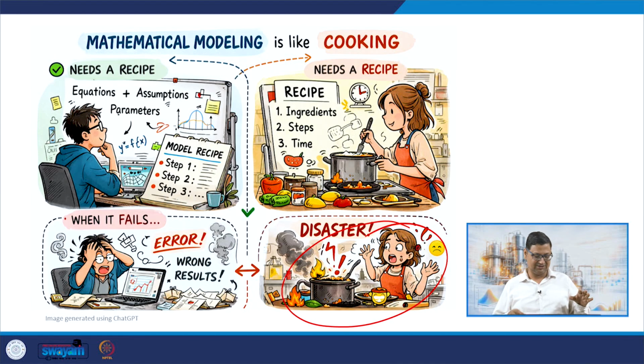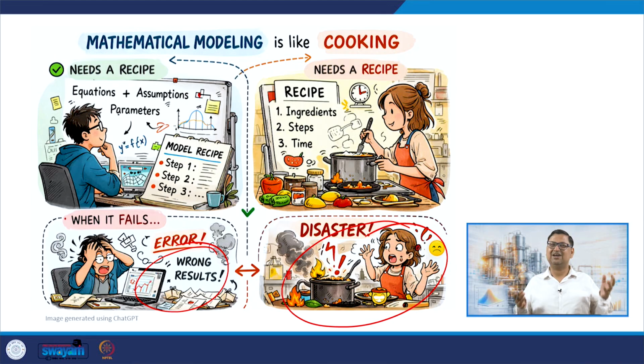But if it doesn't, then we are going to get wrong results, and it can really be a disaster. Maybe not as bad a disaster as we had in the cooking, but still, if the error is very large, then the model is no good, right.